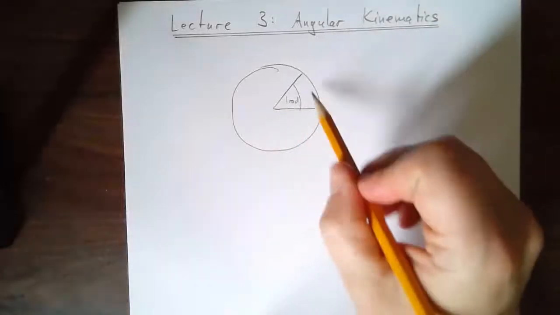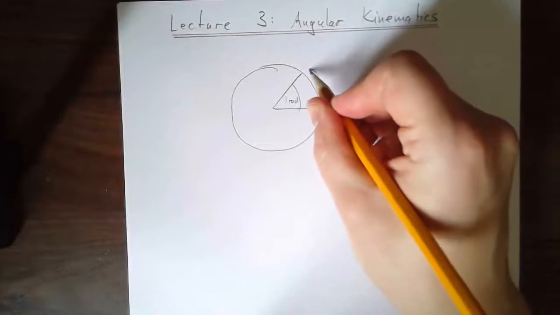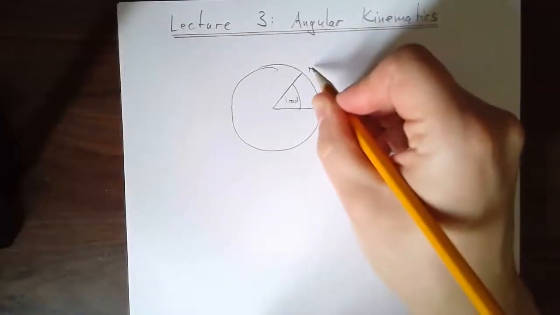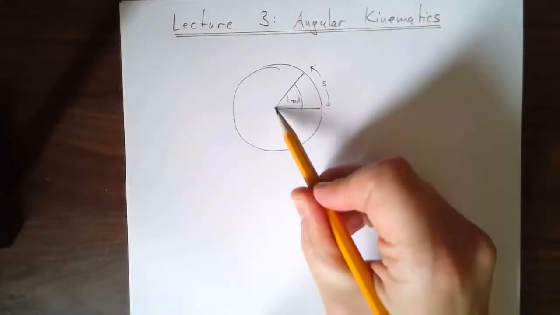If I imagine I draw a circle with a pizza slice like this, then I can call the distance around it S. This is my arc length. And this is the radius.